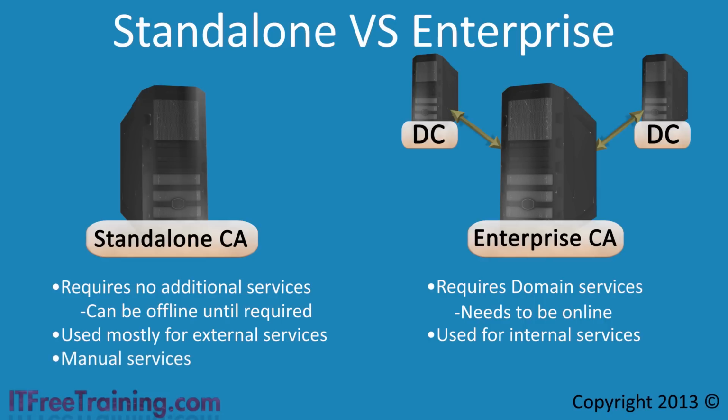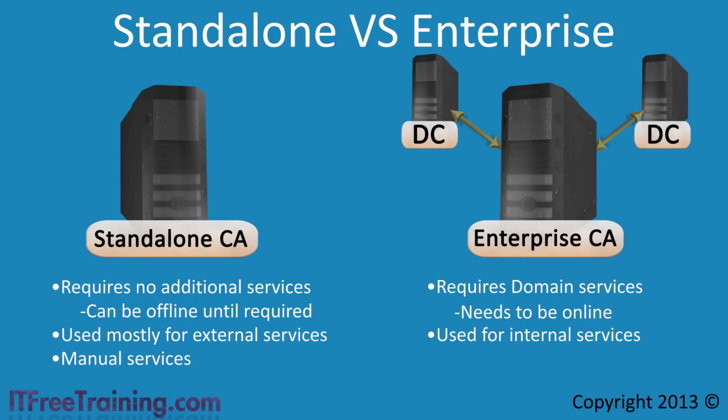This essentially means that all certificates must be approved before they can be used. In contrast, an enterprise CA can use the trust relationship that is created when a computer is added to the domain. For this reason, an enterprise CA can use this trust relationship to automatically provide certificate services to clients in the domain without the certificate needing to be approved first by an administrator.